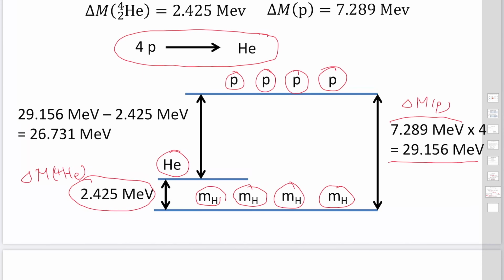So you can calculate the difference between the delta M p terms and the delta M helium-4. So these numbers you can calculate. So 26.731 mega electron volt of energy is produced by these nuclear reactions. So if you find the mass excess of each reactant and product, then you can calculate how much energy is produced by the nuclear reactions.